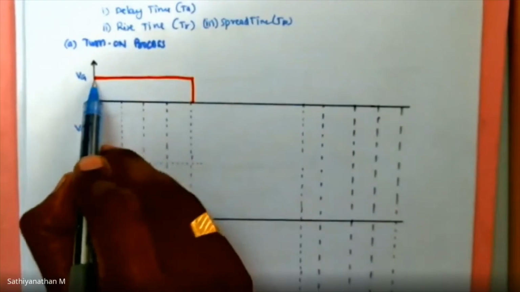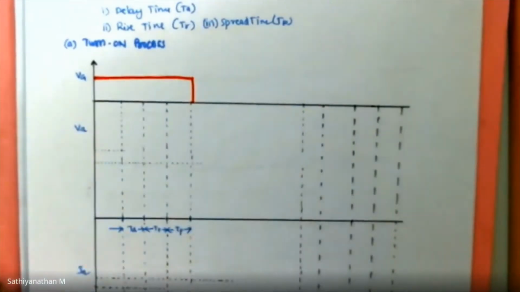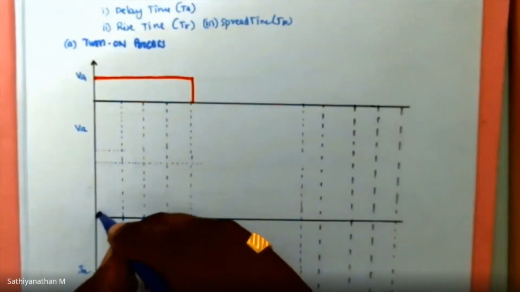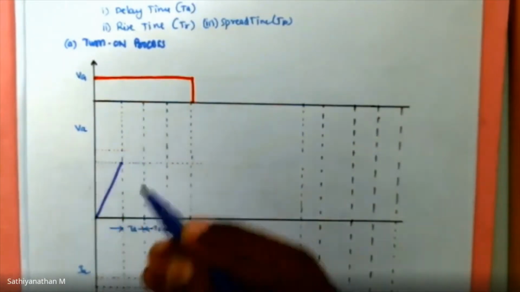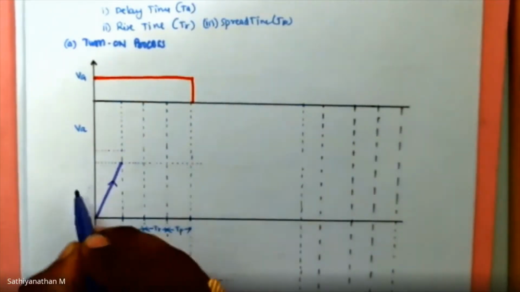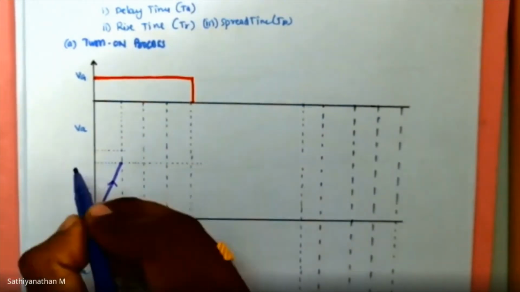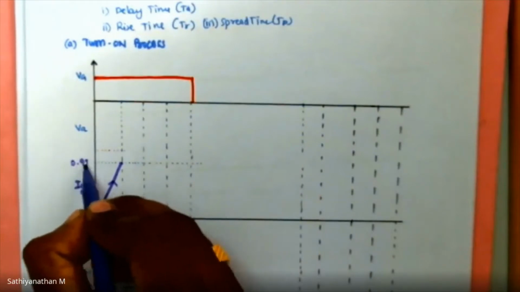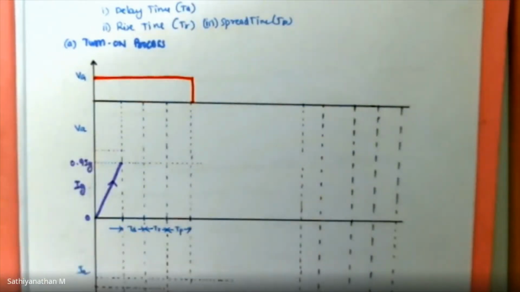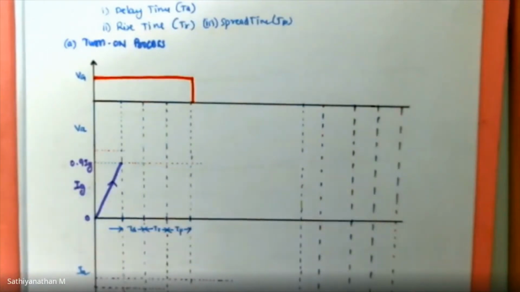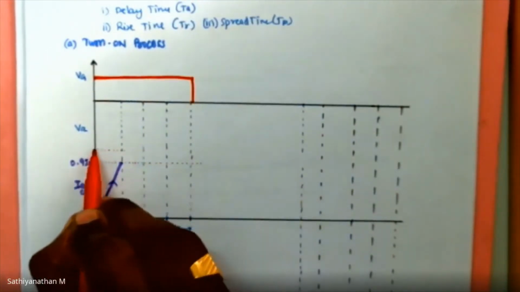When you apply the gate voltage, your gate current starts to increase from 0 to the maximum value. This is your gate current IG, which increases from 0 to 0.9 times its actual requirement. During this time, your anode voltage is constant.